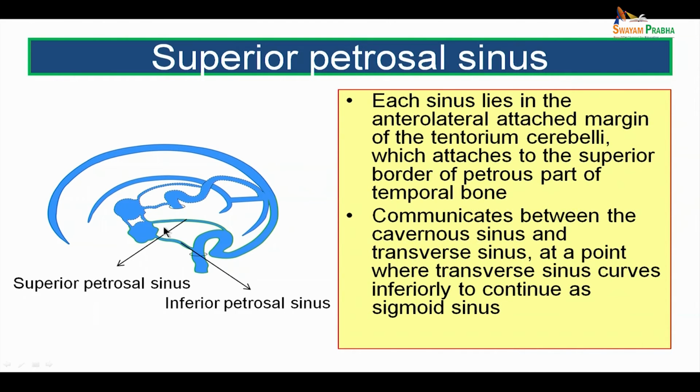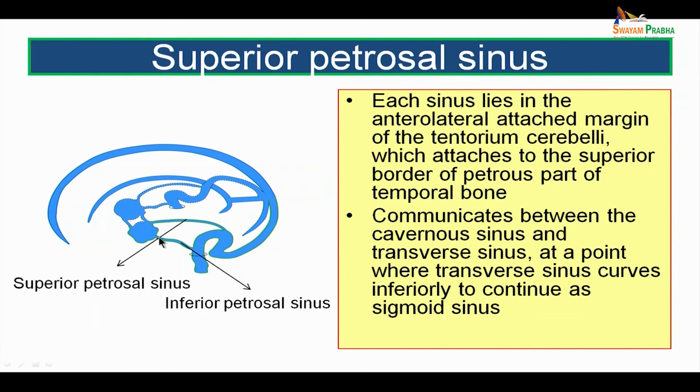The picture here shows us the two cavernous sinuses, and this here is the superior petrosal sinus communicating the cavernous sinus to the point which is the junction between the transverse sinus and the sigmoid sinus.